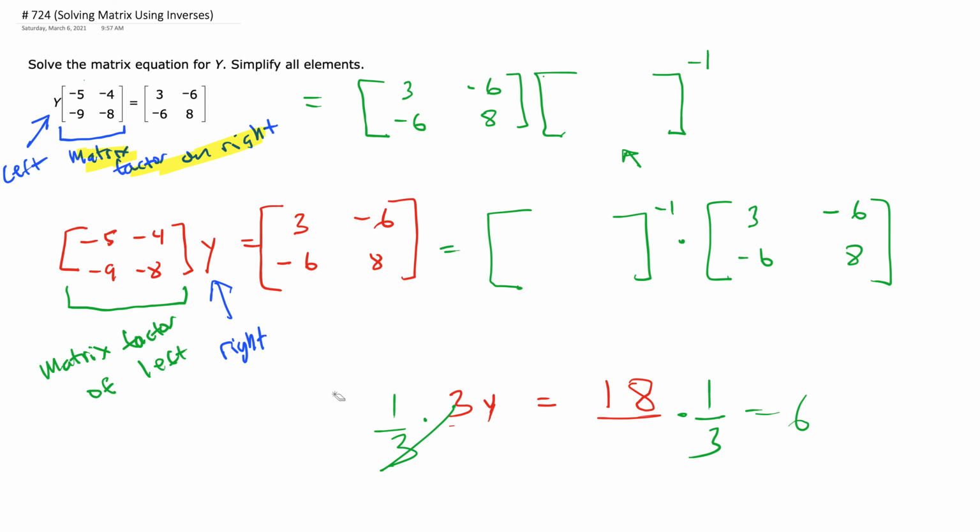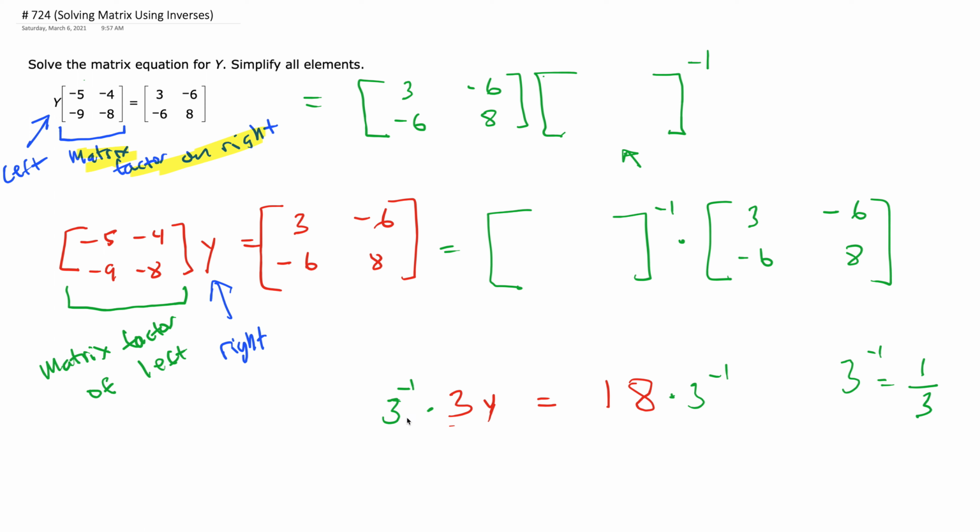Another way to think about that is to multiply both sides by the inverse of 3, or 3 to the power of negative 1. Because what is 3 to the power of negative 1? 3 to the power of negative 1 is 1 over 3, right?